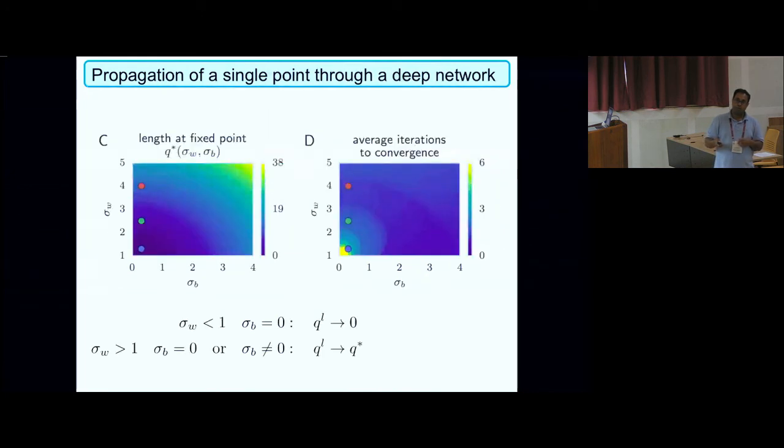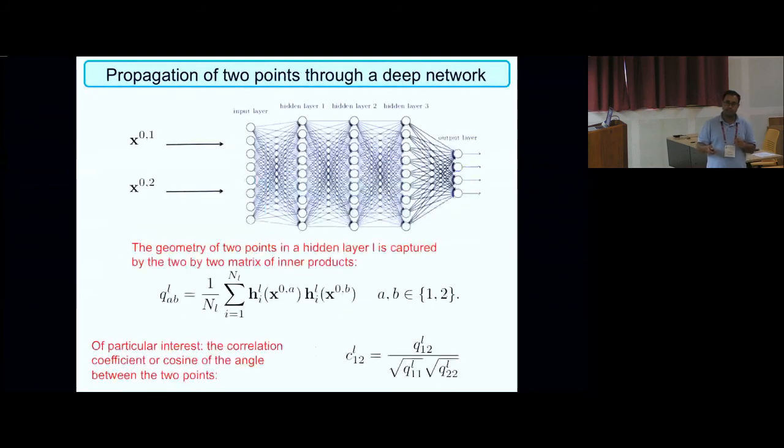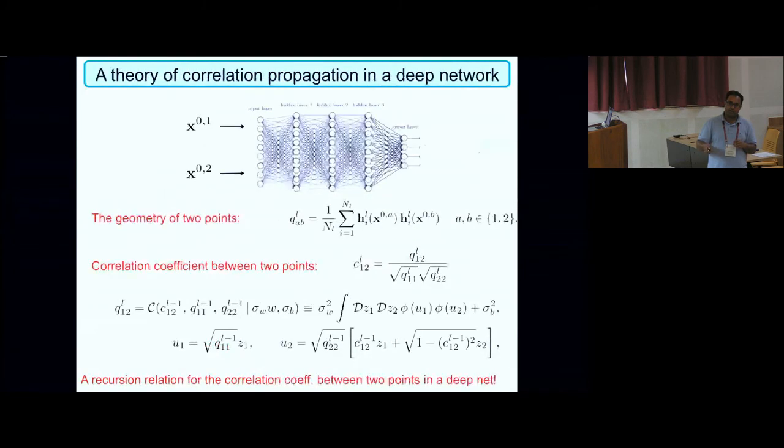What's more interesting is actually a pair of points. Let's say you have 2 points, A and B. You can look at the matrix of inner products between the pairs of points, a 2 by 2 matrix, and in particular, you can look at the correlation coefficient between the 2 points, or the cosine of the angle between them. You can write down a recursion relation for the cosine of this angle.